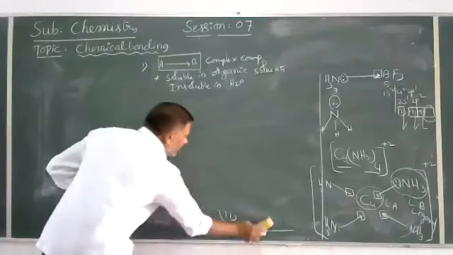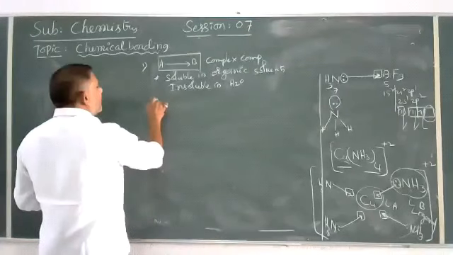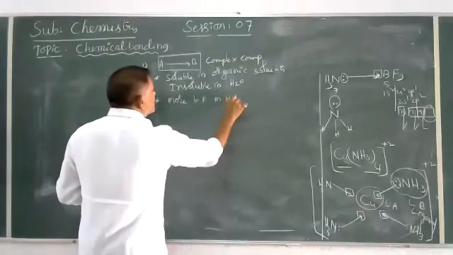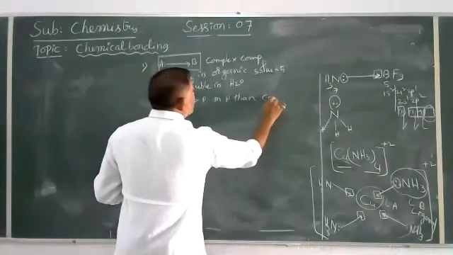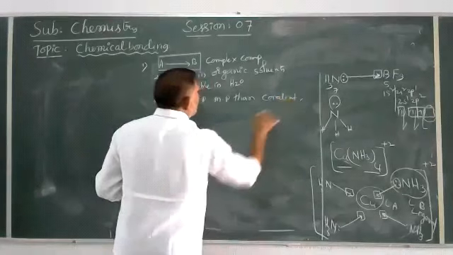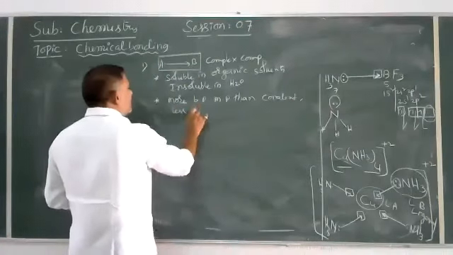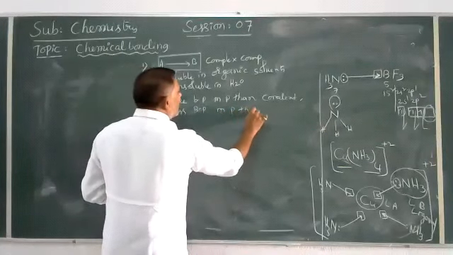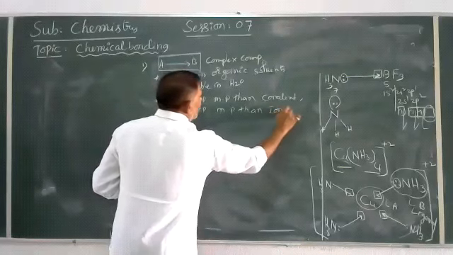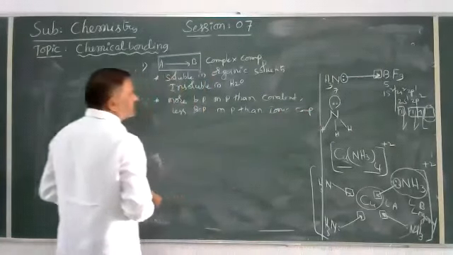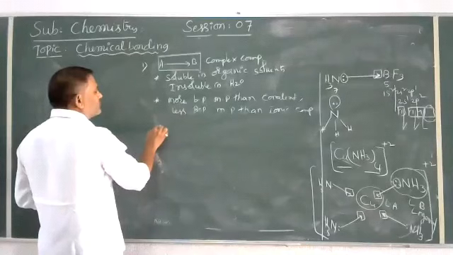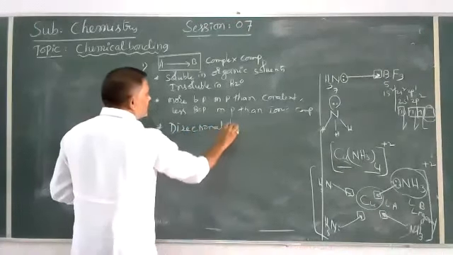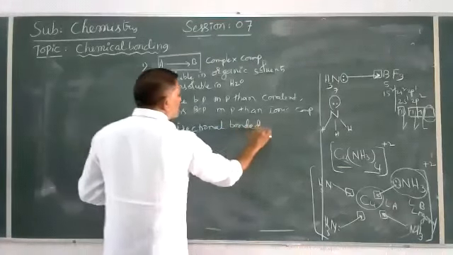Now generally, these compounds have higher boiling points and melting points than covalent compounds, but lower BP or MP than ionic compounds. Generally, such complex compounds are directional bonded compounds.